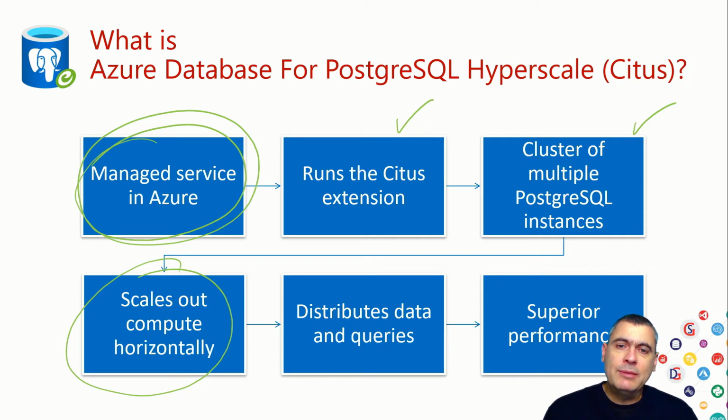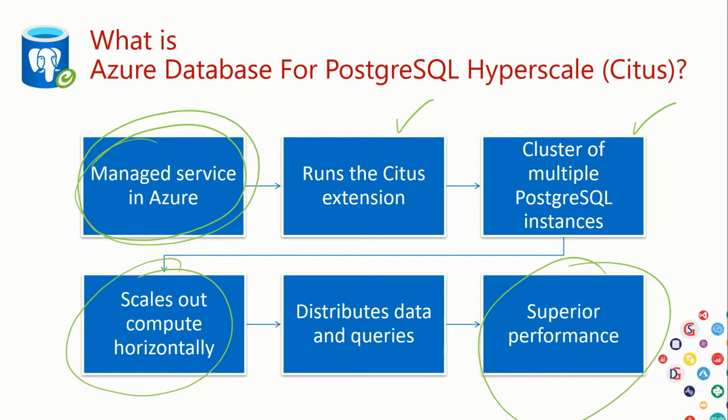Well, you really benefit from a scale out capability that really brings superior level of performances and scale. Because as we do that, then we distribute the data and the query so that at all times you can benefit from the most efficient execution plan and all the power of your cluster distributed across multiple servers.